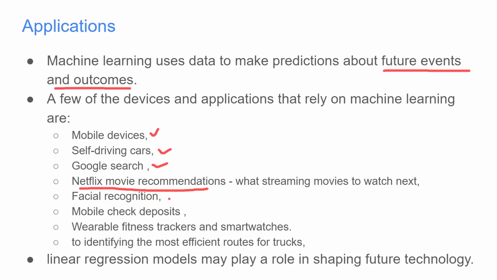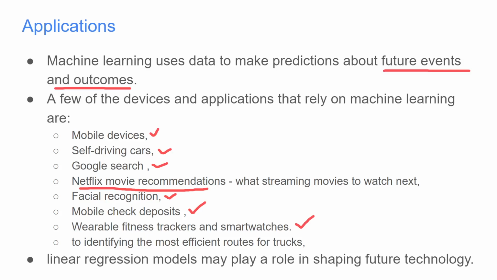Then for facial recognition, we use machine learning algorithms to detect facial expressions. Then mobile check deposits use machine learning algorithms. Then the most important are wearable fitness trackers and smartwatches, which use machine learning algorithms and collect data on our body temperature, pulse rate, etc.